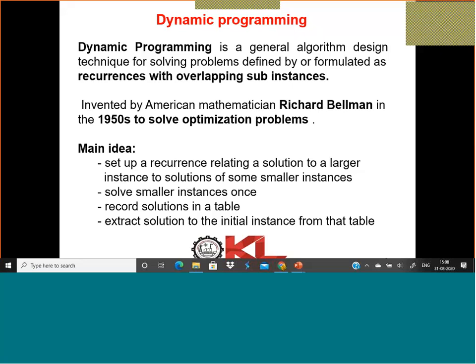Solve the smaller instances once, record the solutions in a table, and extract the solution to the initial instance from the table. These steps you can easily understand when I take one simple example.